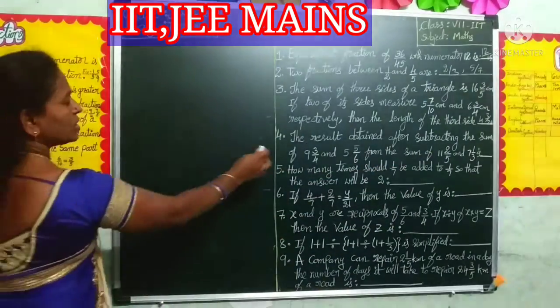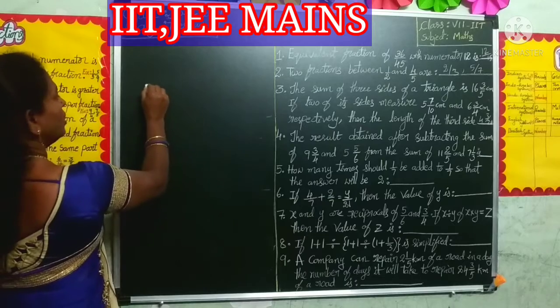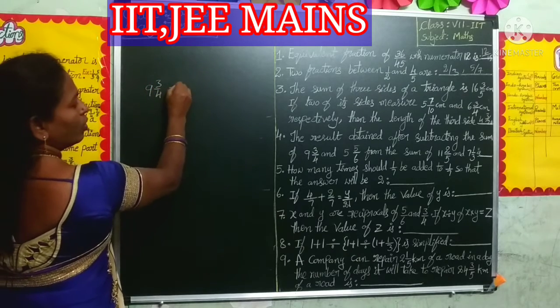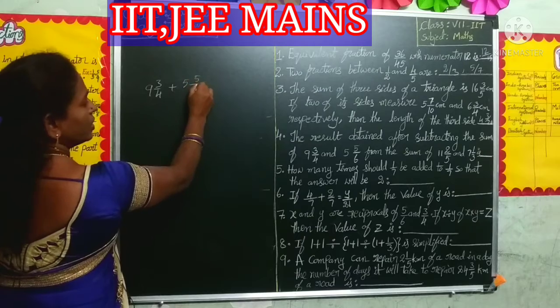Okay, so what is the sum of the first two fractions? 9 3/4 plus 5/6.